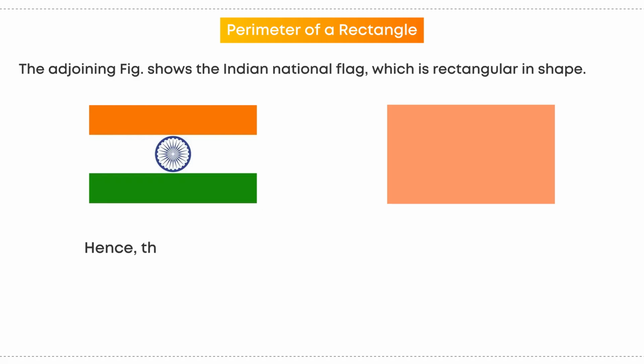Hence, the perimeter of the flag is equal to 2 into (3 plus 2) meters, is equal to 2 into 5, is equal to 10 meters.